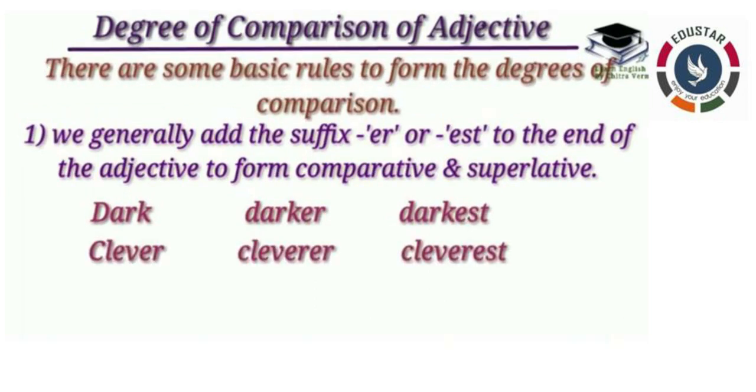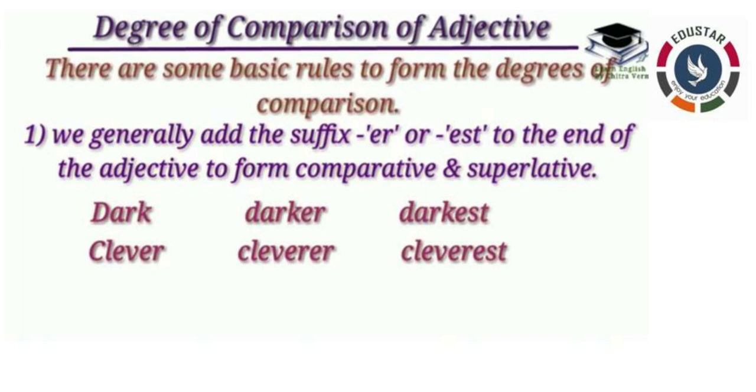And your next example is clever, cleverer, cleverest. So clever here, clever is the adjective. You have added er to the adjective so that cleverer is a comparative form for clever.